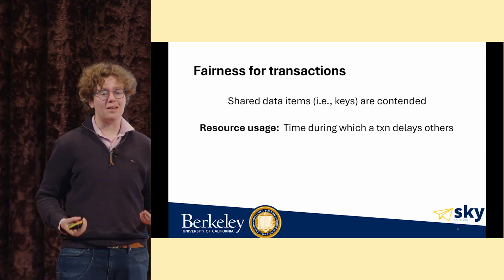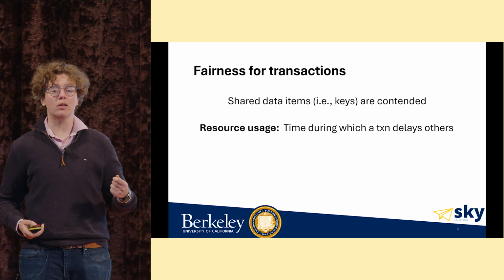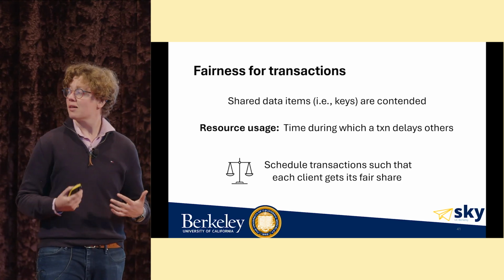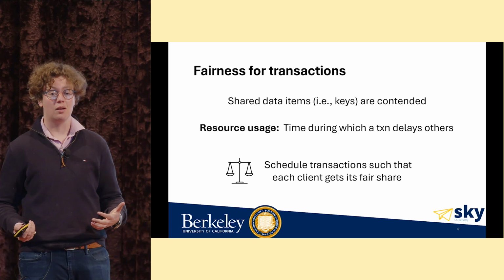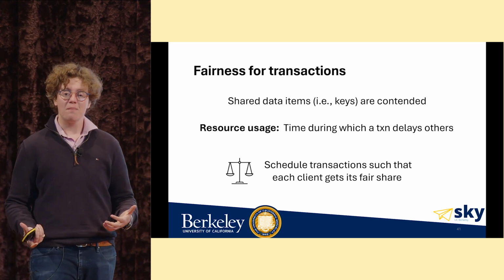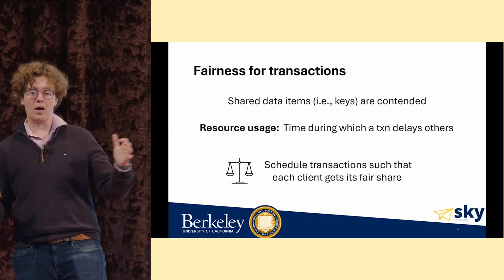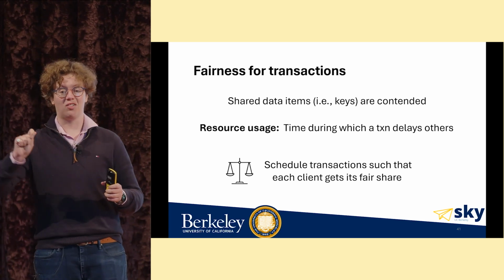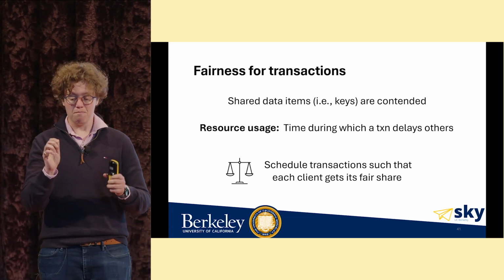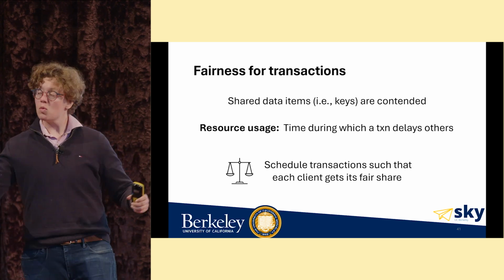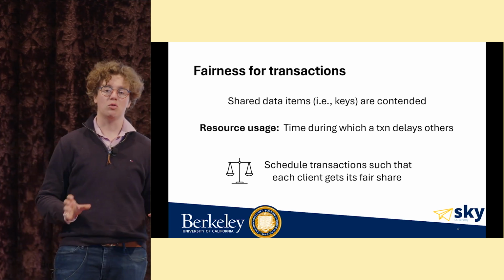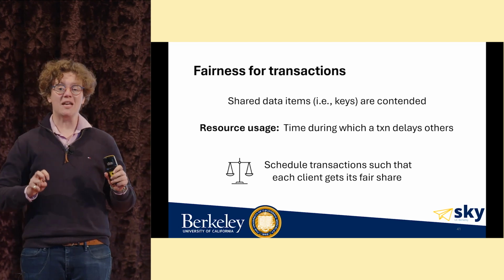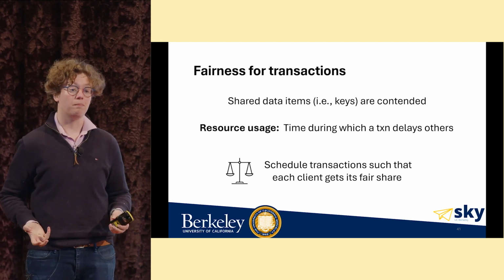What we've been investigating is how we can use this scheduling-first approach that we started with concurrency control to ensure that the client gets its fair share. At a very intuitive level, in the same way as we could minimize the cost of executing a schedule by picking the transaction that makes the schedule grow the least, we can adopt a very similar strategy to achieve performance isolation by picking the transaction that makes the system the least unfair.